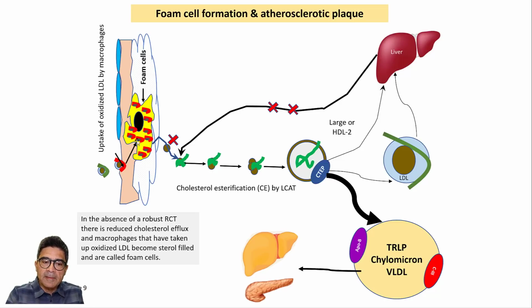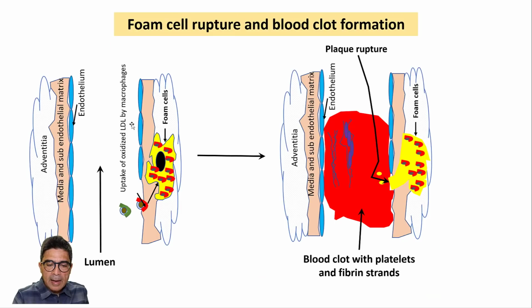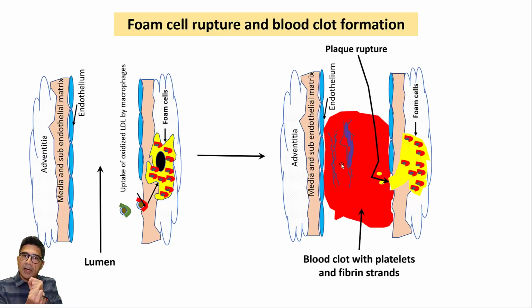These are fat-filled, cholesterol-filled macrophages in the blood vessel wall. And when they get sufficiently full, they rupture. And when they rupture, they release their fat content into the blood vessel, which incites a blood clot of platelets and fibrin. And when this blood clot goes to completion, it occludes the blood vessel and causes either a stroke or a heart attack. So you want robust reverse cholesterol transport in order to prevent vascular events.